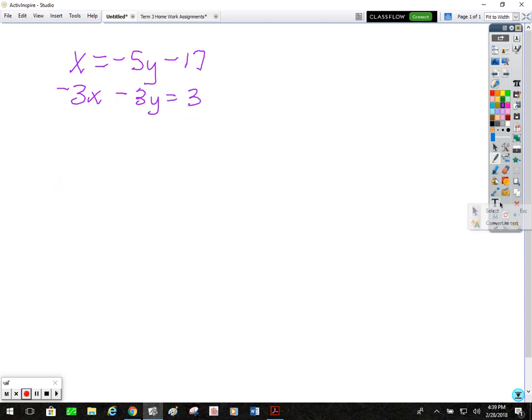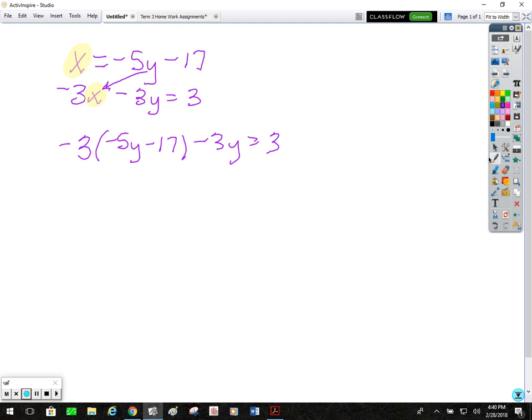Now in this case, the difference is I have x by itself, and here's my x in this equation. So all I'm going to do is take this part right here and substitute it in here. So I have negative 3 times, now x is gone, so here's my x right here, negative 5y minus 17, minus 3y equals 3.